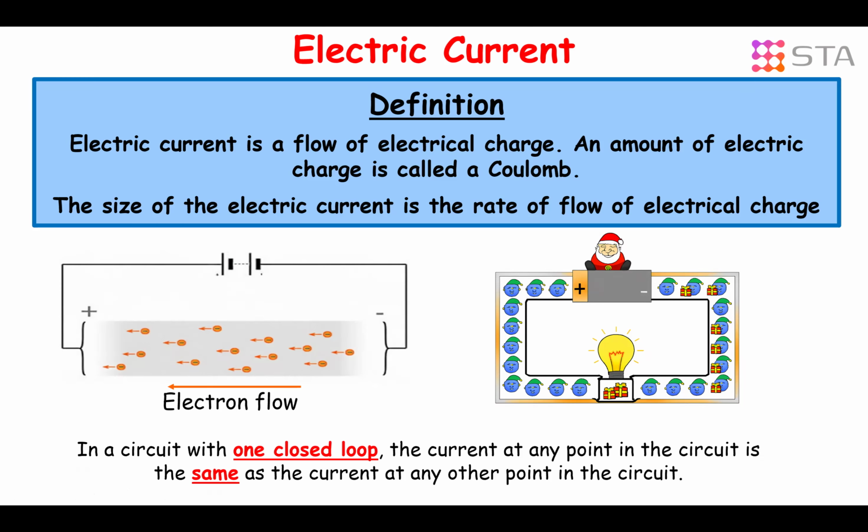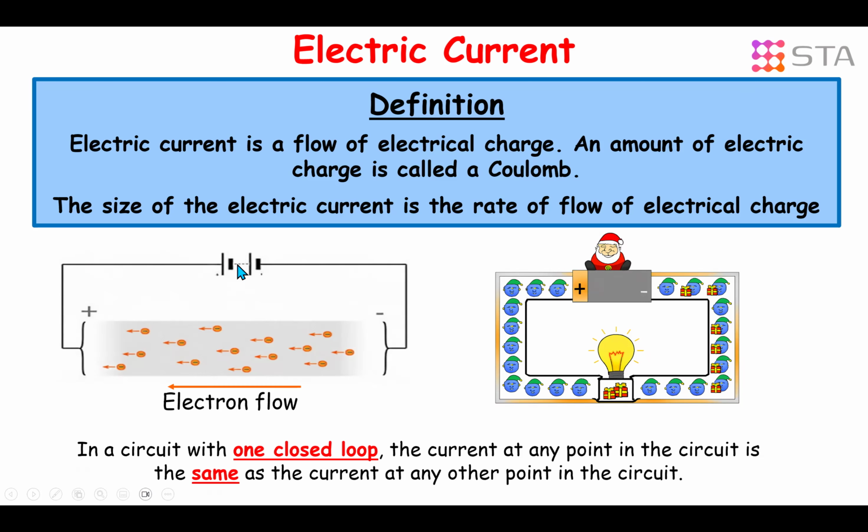These electrons are carrying electrical potential energy. So the electrons or charges are carrying energy, and this energy is given over to the lamp or the bulb or whatever component there is.